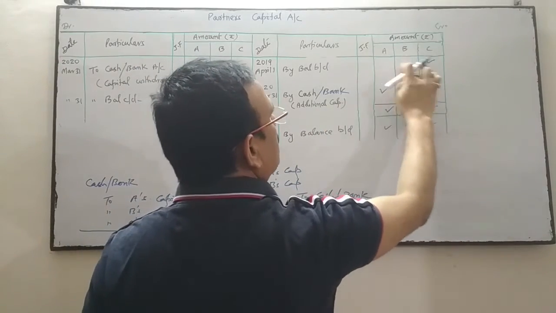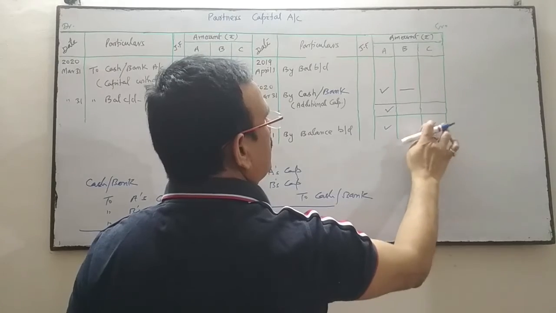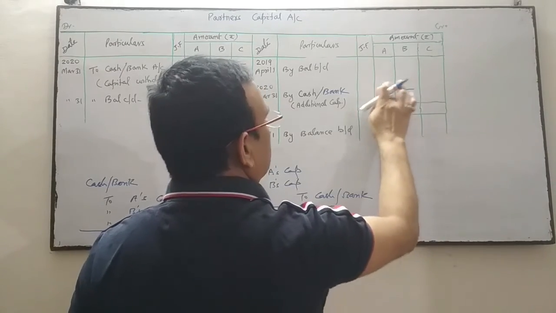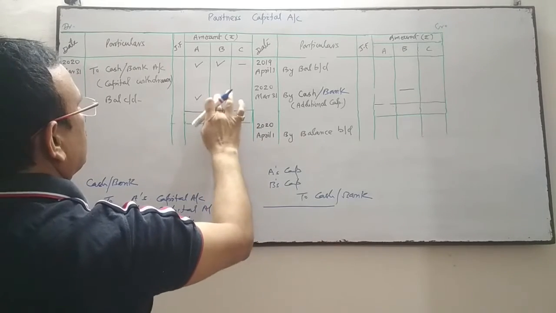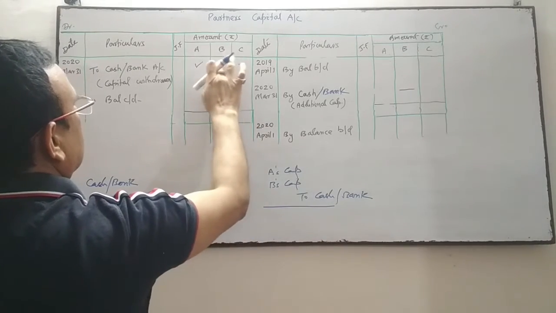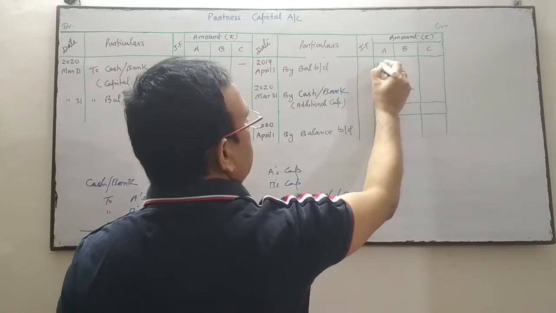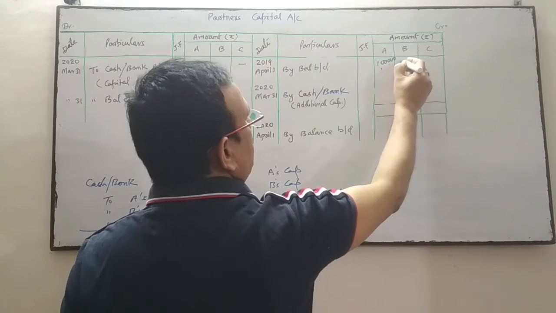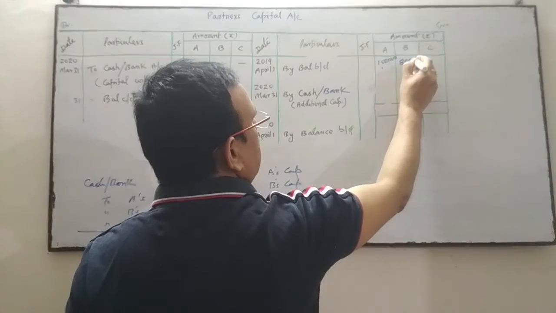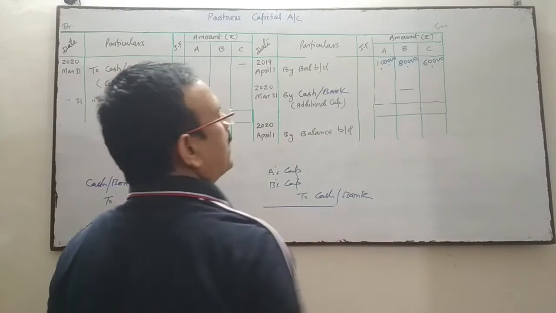Suppose opening balance of capital of A is 1 lakh, B 80,000 and C 60,000. This is the opening balance of capital by balance brought down.